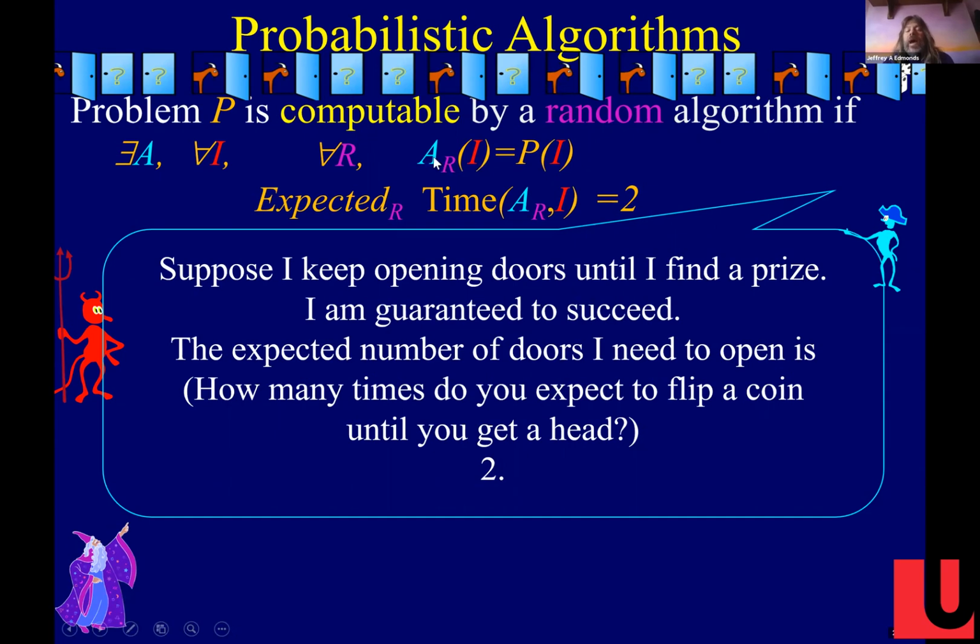A kind of has 2 inputs. The one input is the input to the problem, and the other input is the coin flips. And then A is a deterministic algorithm, just like you always write, that given its input, it's fixed what it does. But what it does depends on both the input and the coin flips. So we fix what A does as a function of R and I.